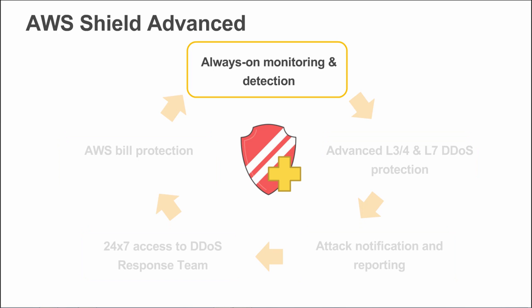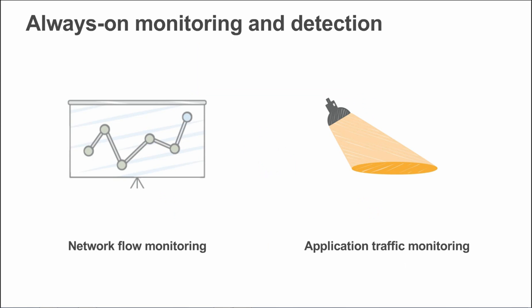Okay, let's look at each one of these. Let's start with always-on monitoring and detection. Shield Advanced does always-on monitoring and detection by monitoring the network flow traffic as well as the application traffic. And at both these layers, the monitoring is always on, looking for suspicious activities.